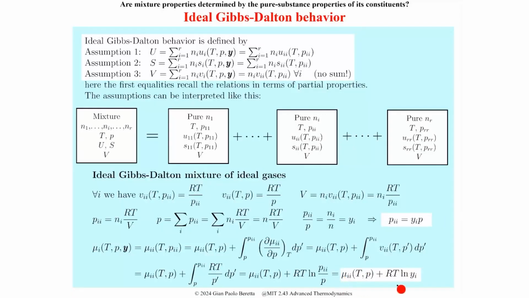And this is a very important relation. It gives the chemical potential of one constituent in the mixture in terms of the chemical potential that it has when it is a pure substance at the same temperature and pressure of the mixture, plus RT, the log of the mole fraction with which it appears in the mixture.